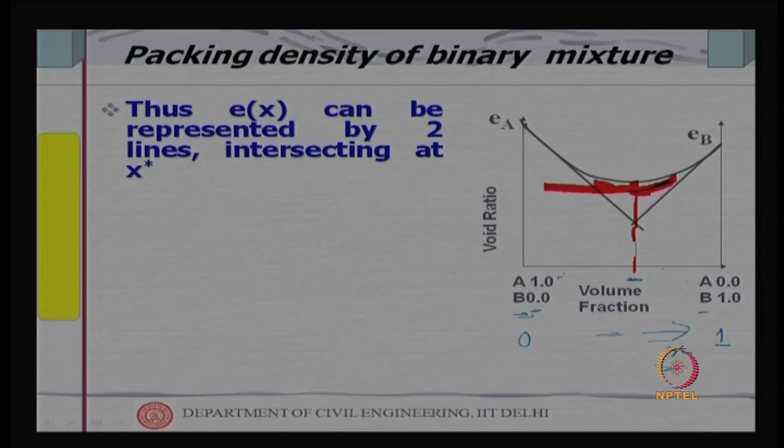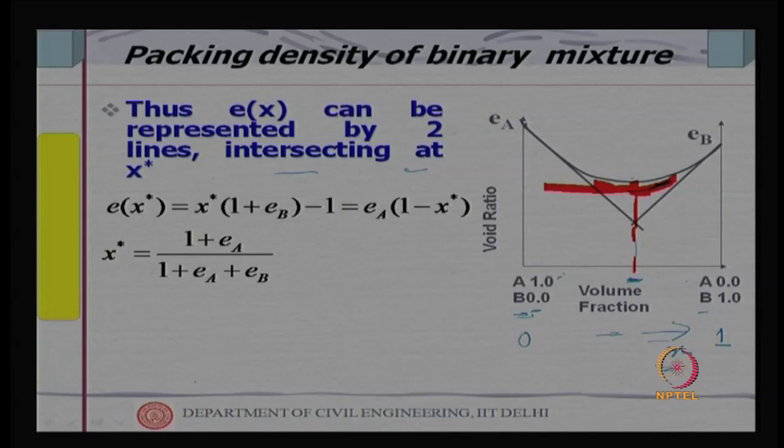That means the minimum void content is not independent of the proportion; it is a function of the proportion of B in A, or otherwise the proportion of A in B. Thus, E of x can be represented as two lines intersecting at x star. This is my x star, the intersection point, and you can calculate x star algebraically.